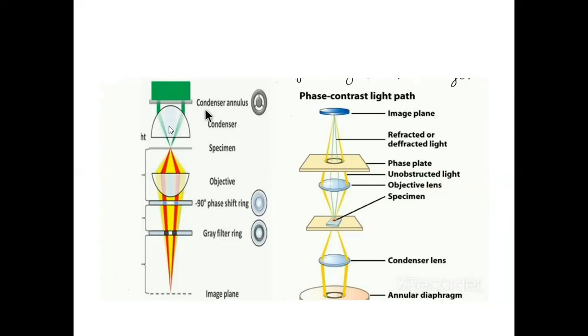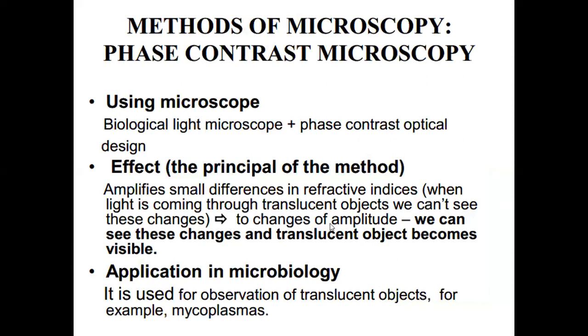Here we can see the usual objective, and there we can see a specific phase plate which refracts or diffracts light, and in this process we can see the changes of amplitude.